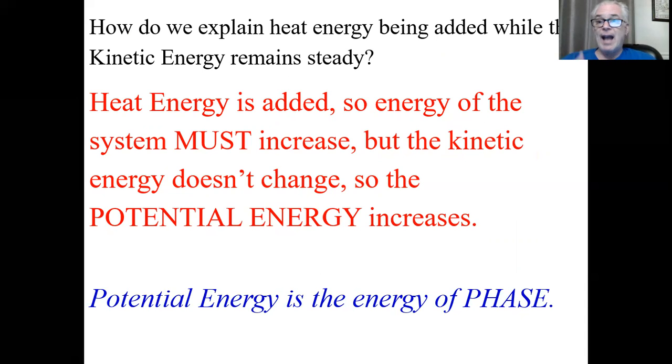In our class, potential energy is called the energy of phase. Solids have the lowest potential energy, liquids have medium, and gases have the highest potential energy. To make a solid into a liquid, you have to add energy. To make a liquid into a gas, you have to add energy. And once you've given it that energy, it now possesses that energy. The particles are moving faster.